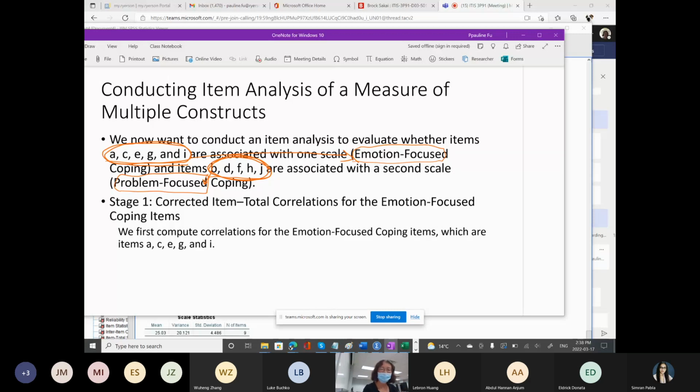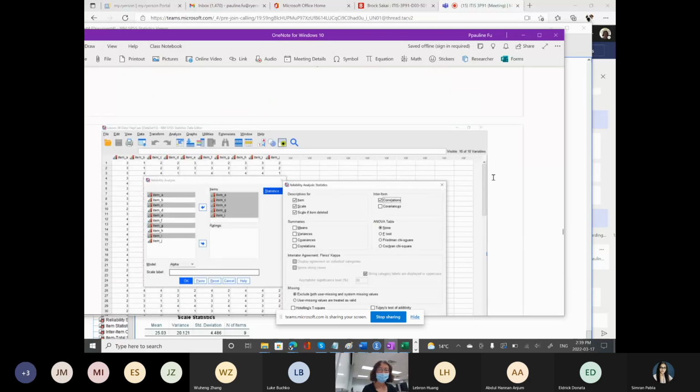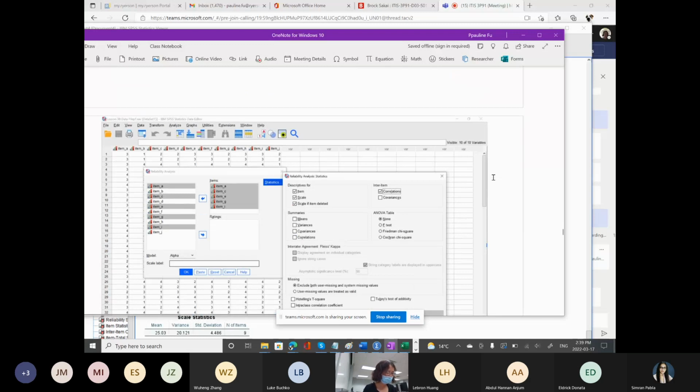Stage 1, correlate item with total correlations for emotion-focused coping items. So that is our stage 1. So we need to compute correlations for the emotion-focused items. To do this, you need 9 steps, as presented in this diagram here.